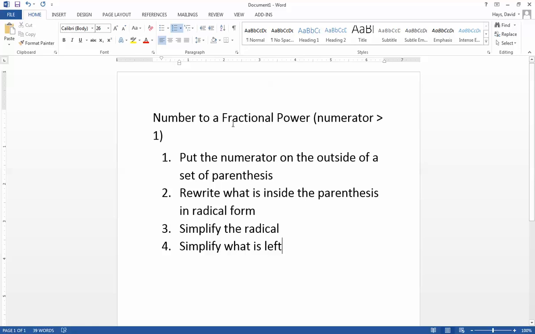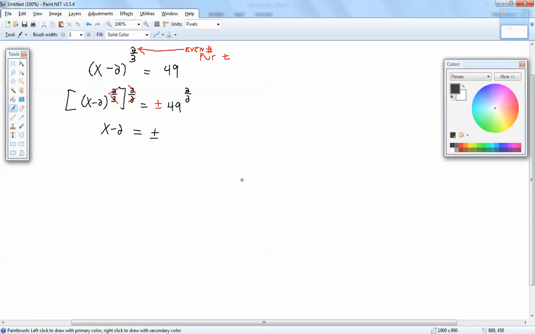Okay, number to a fractional power. Put the numerator on the outside of a set of parentheses. What I mean by that is, we've got 49 to the 1/2 power raised to the 3rd power. So we take the numerator, the 3, and put it on the outside of a set of parentheses. Now when you do that, we're left with a 1 here.